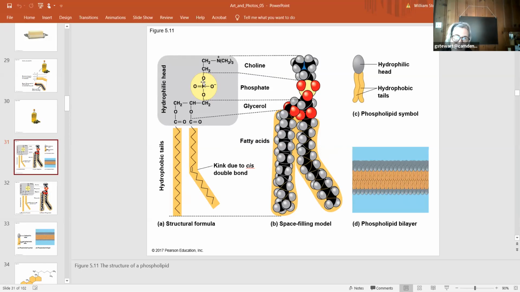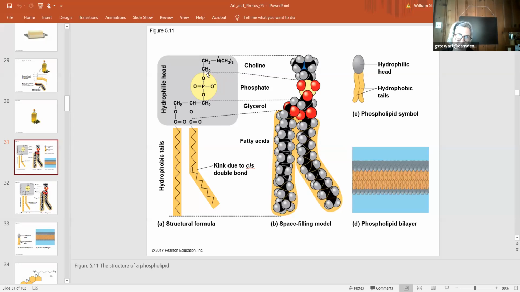It has a phosphate attached to it, which is from chapter 4, this molecule here. Notice the glycerol is sideways here, and we have 2 chains of fatty acids. One of them is saturated, one of them is unsaturated, so it makes this little kick or kink in the molecule. We have the phosphate, and then attached to the phosphate is a choline group that is very charged.